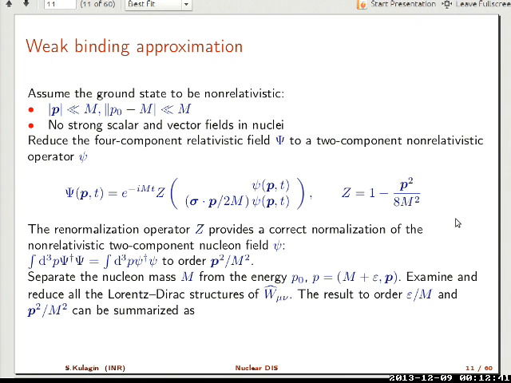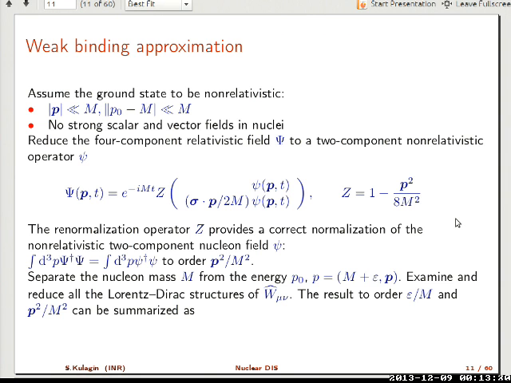But let me consider some particular example. I think it's a useful and working example. Let me assume that the nuclear ground state is non-relativistic, which means basically two assumptions: that the momenta and energies are small compared to the nuclear mass, and that there are no strong scalar and vector fields in the nuclei.